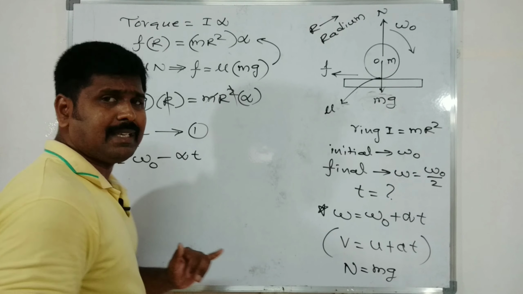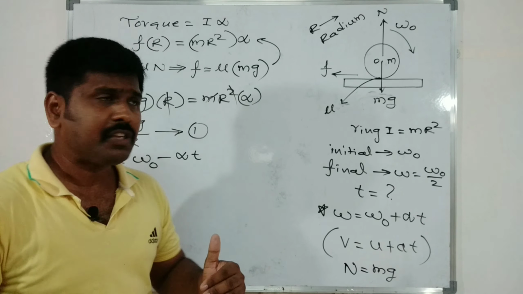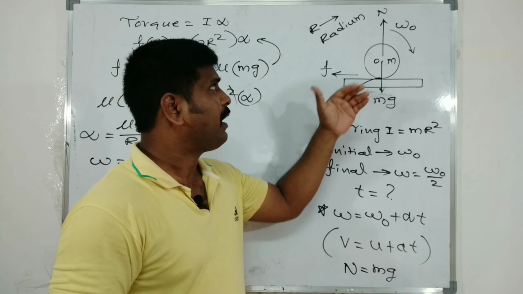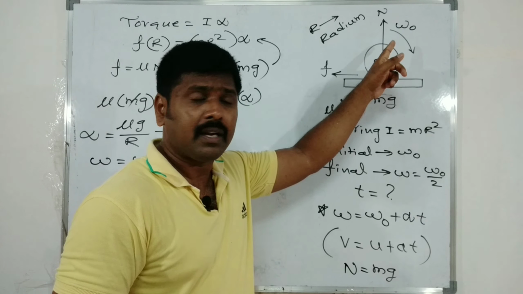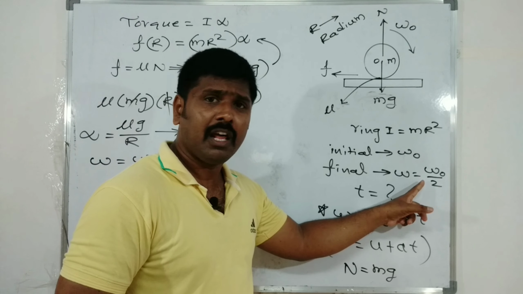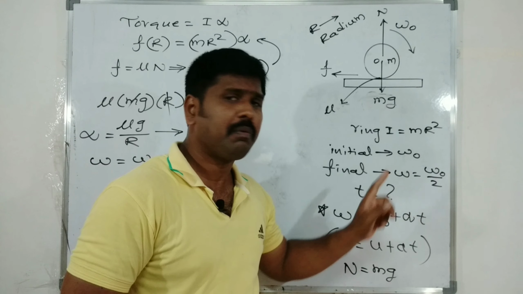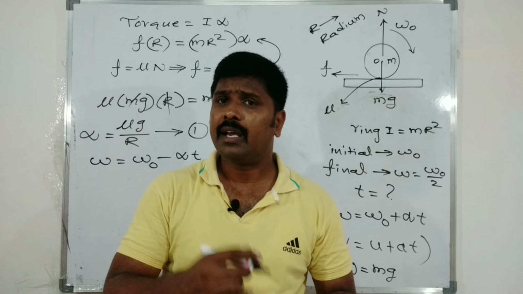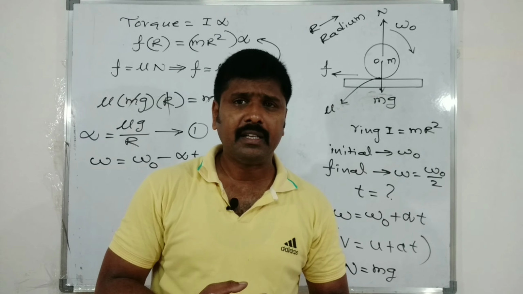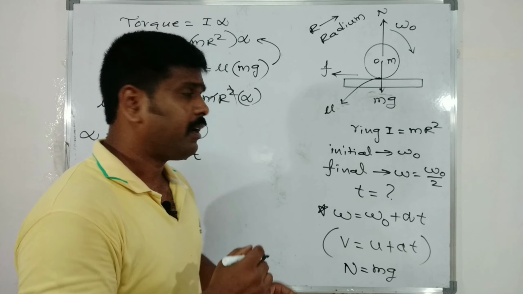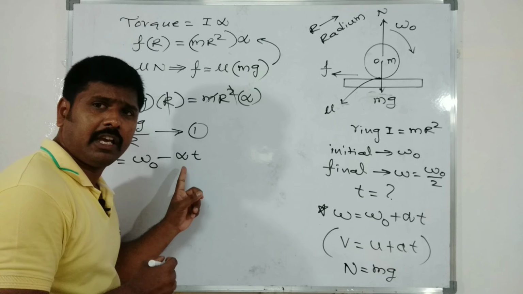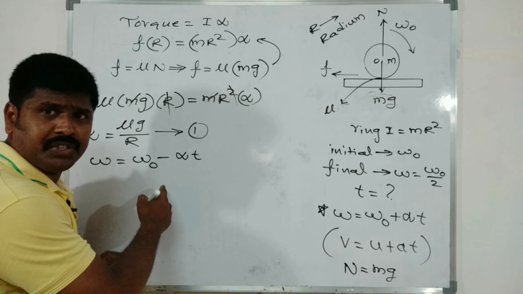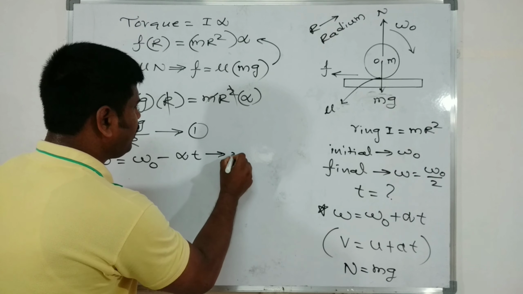Here minus is taken because it is a deceleration. Initially the velocity is omega naught, and finally the angular velocity is omega naught divided by 2. That's why the angular velocity decreases; it is an angular deceleration, which is negative. This is taken as equation number 2.